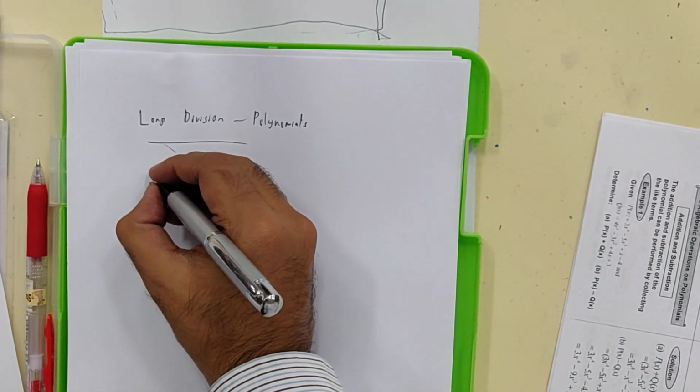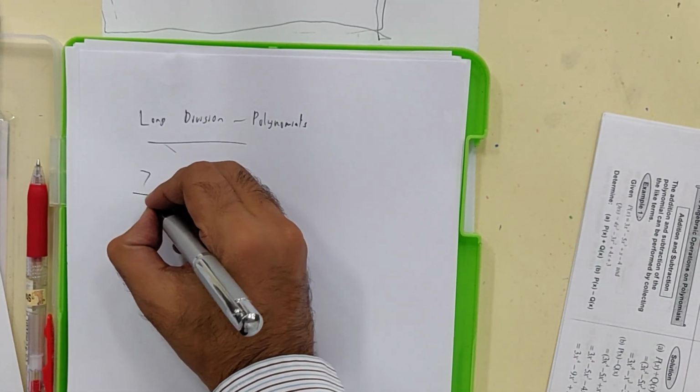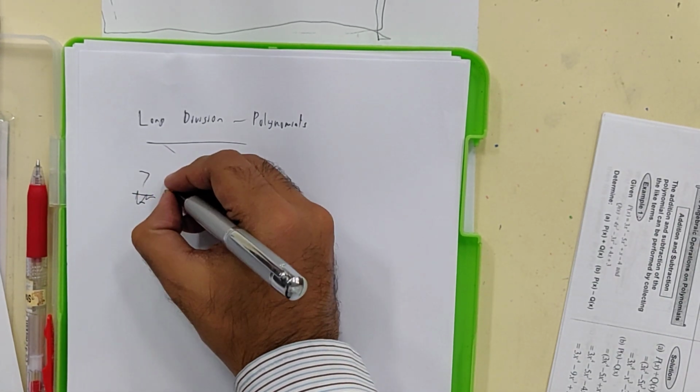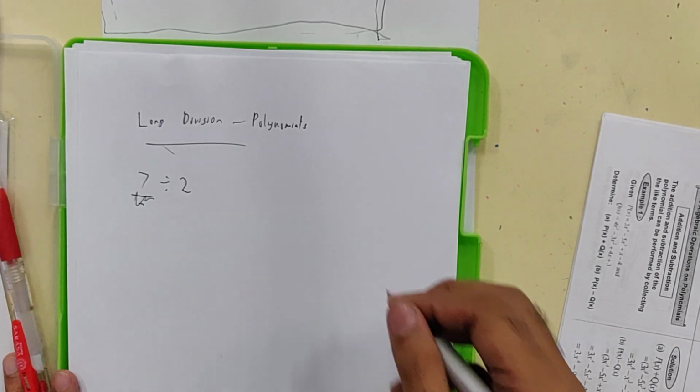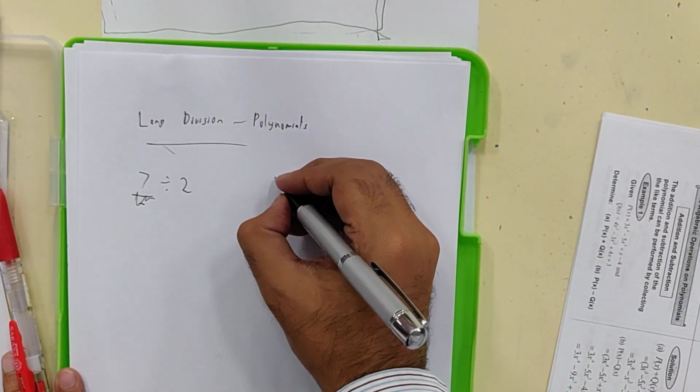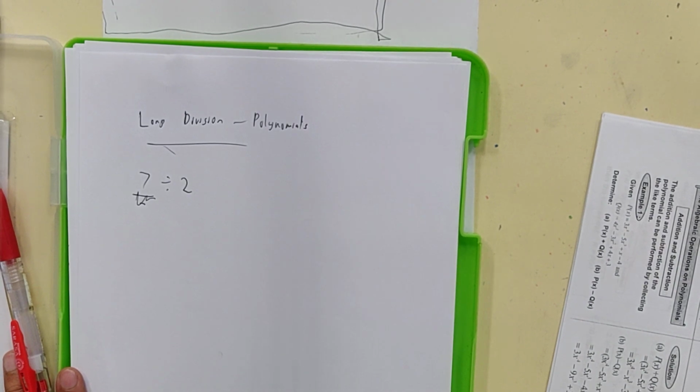Let's say you're given something like this: 7 divided by 2. How do you solve? Okay, can we do it long division on how to solve this one?